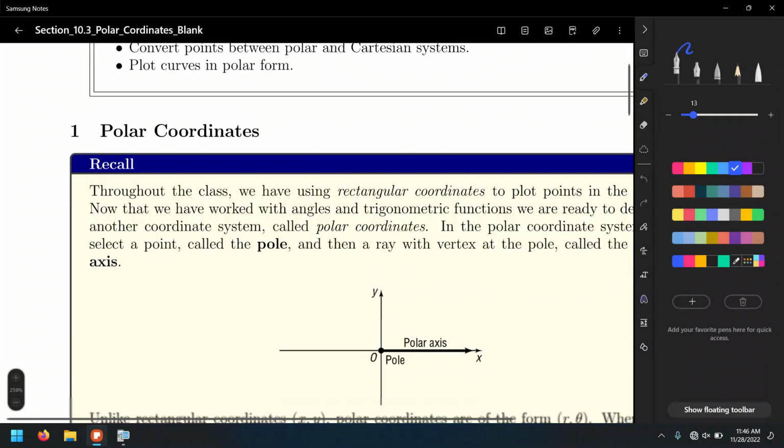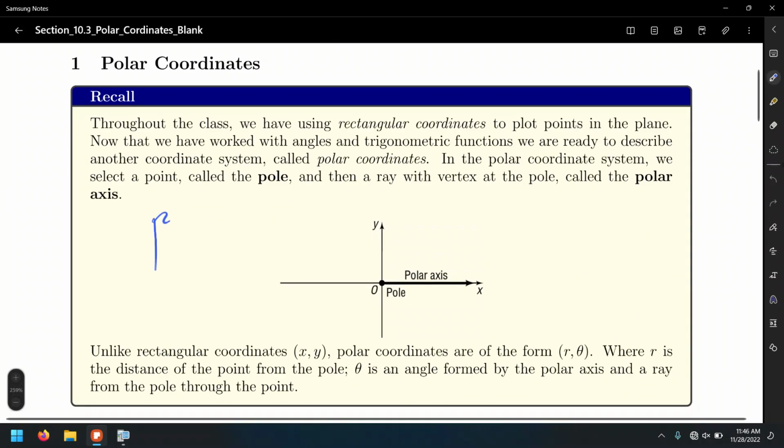A point xy in the rectangular system basically does this. If I want to go to the point (2, 3), that means I need to walk 2 steps in the x direction and 3 steps in the y direction.